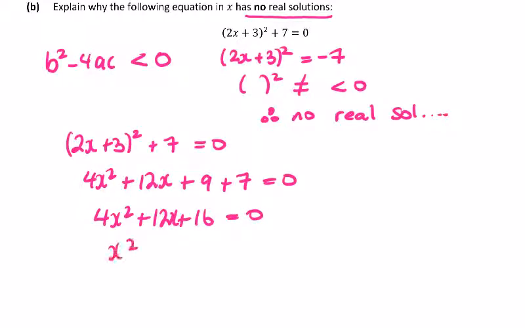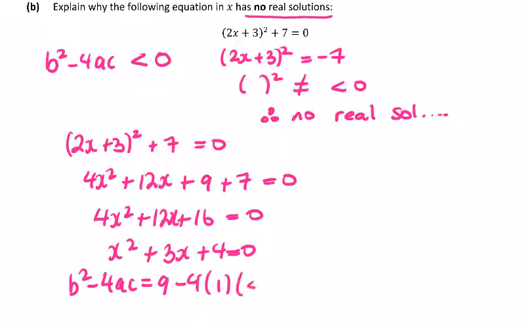Divide by 4 to get x squared plus 3x plus 4 equal to 0. So b squared minus 4ac is equal to 9 minus 4 by 1 by 4. So 9 minus 16 is minus 7, which is less than 0. Therefore, again, no real solutions.